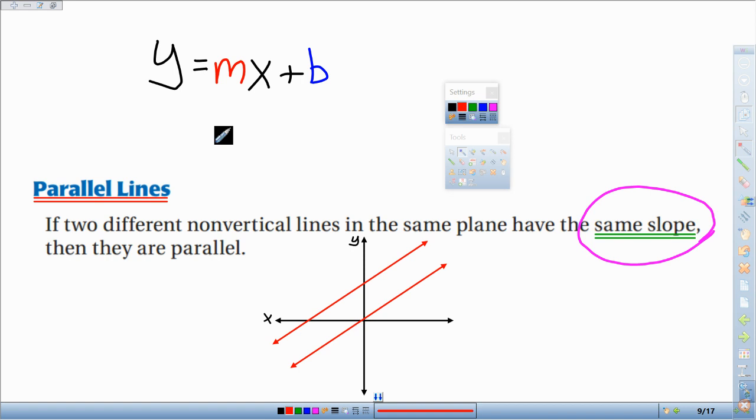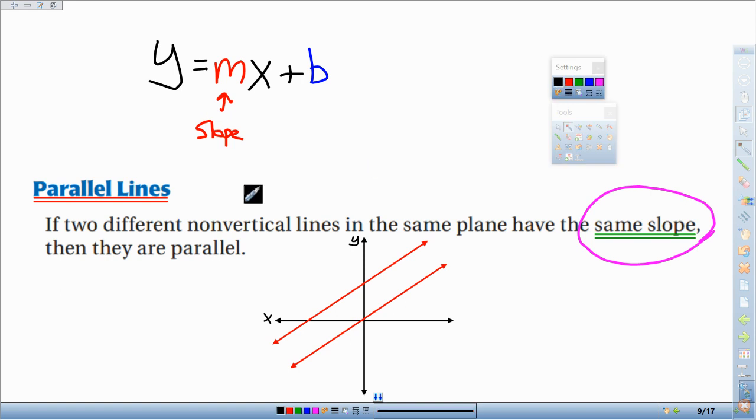Here's the big thing: slope is this number in front of x. b is the y-intercept, which isn't as important. It's more this number. For two lines to be considered parallel, they have to have the same slope.